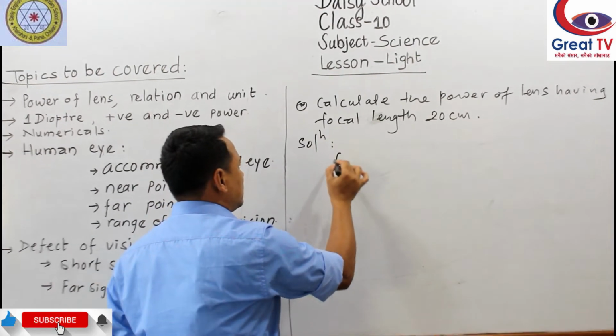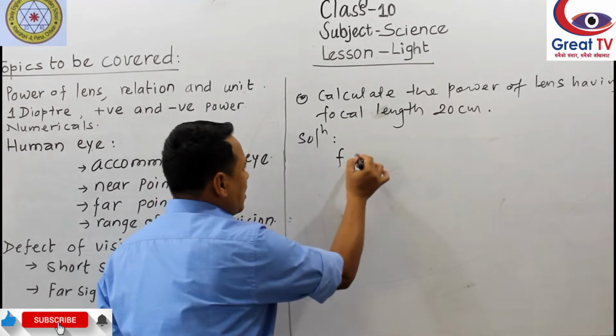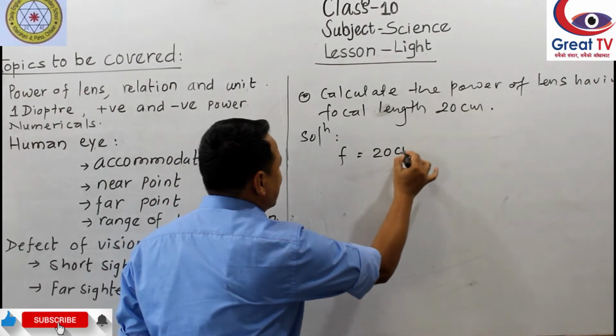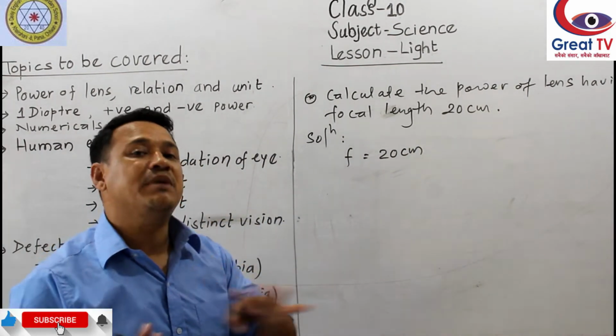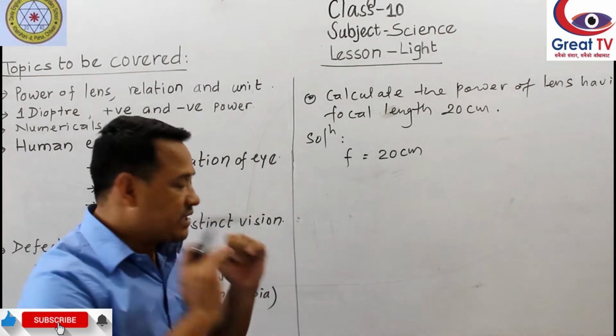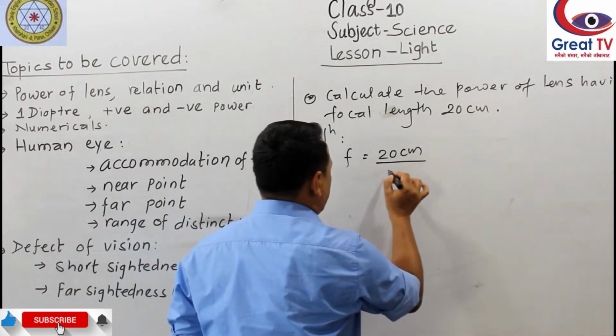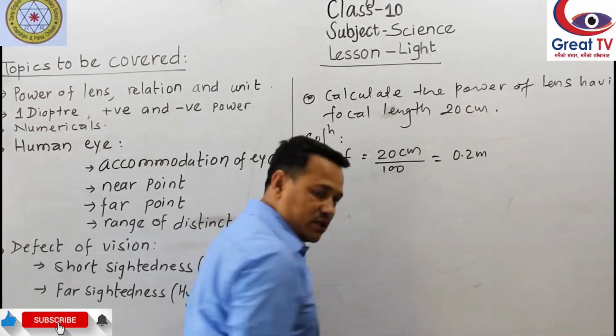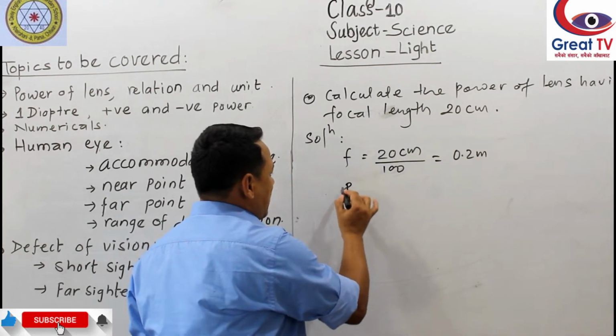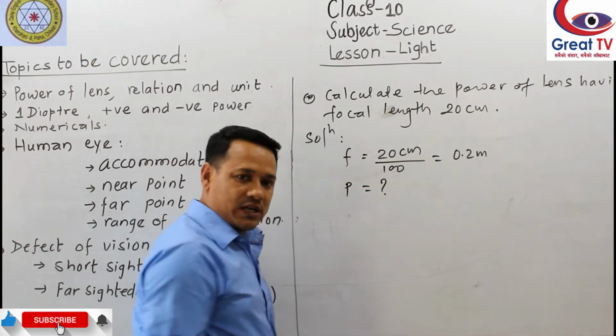Focal length, small f, equals 20 centimeter. I have discussed already, focal length should be in meter. SI unit of length is meter, so you have to divide by 100. So it will be 0.2 meter. Now power of lens P equals what?